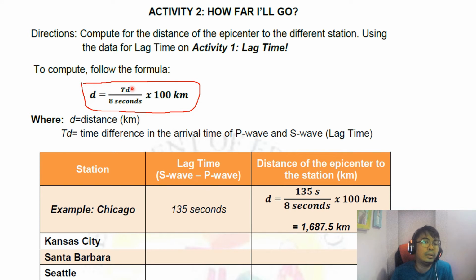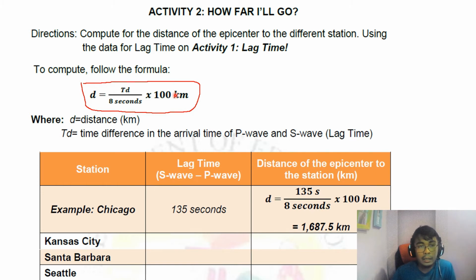D is equal to TD divided by 8 seconds times 100, wherein D is the distance in terms of kilometer, and TD is the time difference in the arrival time of P wave and the S wave in terms of seconds also. Okay? Take note that 8 seconds and 100 kilometer are constant.